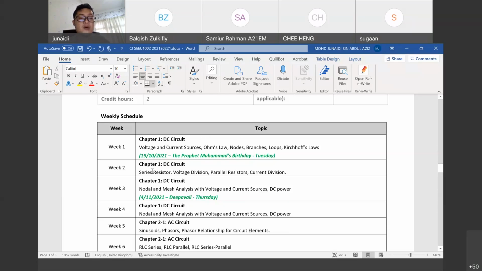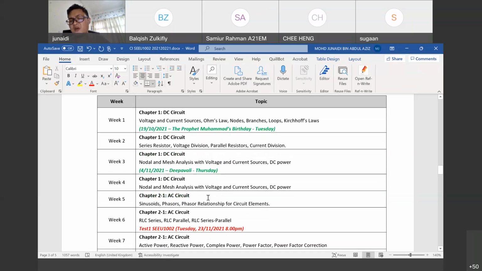And then for week 2, it's still chapter 1, until week number 4. Week 2 is about series resistor, voltage division, parallel resistor, current division. Week 3 is about nodal and mesh analysis, and then continue to week 4.